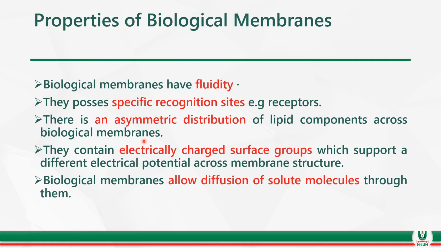The first thing we said about membranes is that they have fluidity. And what do we mean by fluidity? We said that membranes are made up of lipids. And when we talked about lipids, we said lipids at times melt depending on the temperature.